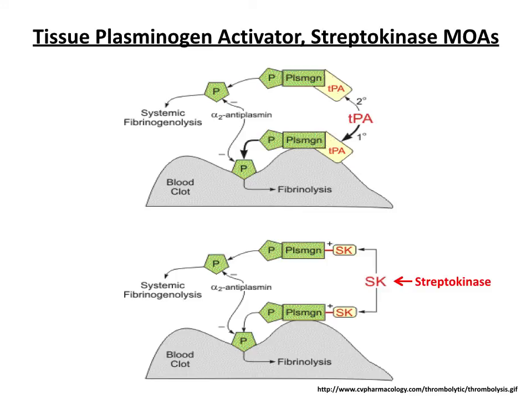TPA is stimulating the conversion of plasminogen to plasmin. If plasmin is floating around in the blood, it's of course inhibited by alpha-2 antiplasmin. But if it's associated with fibrin, like here, it's going to break that down. It's going to be allowed to do that. Streptokinase essentially has the same thing going on: you're stimulating plasmin activity.